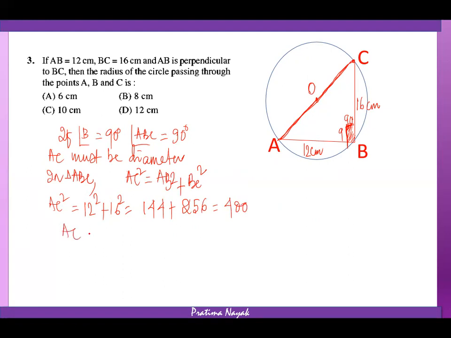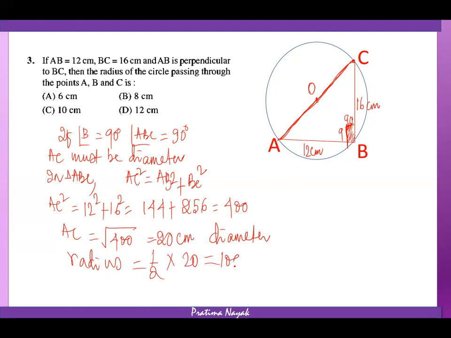So AC will be square root of 400. It will be 20. So this is the diameter, not the radius. Radius will be half of it, that will be 10 centimeter. So what is the answer? C is the answer.